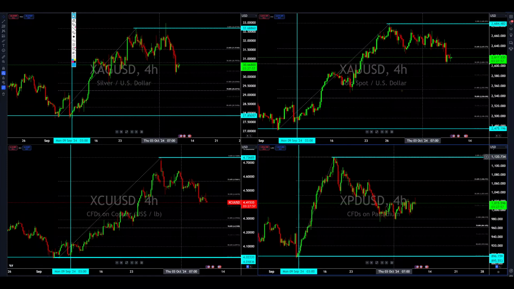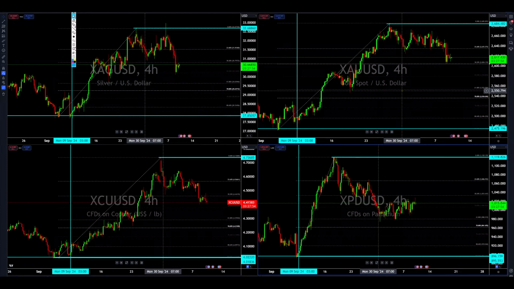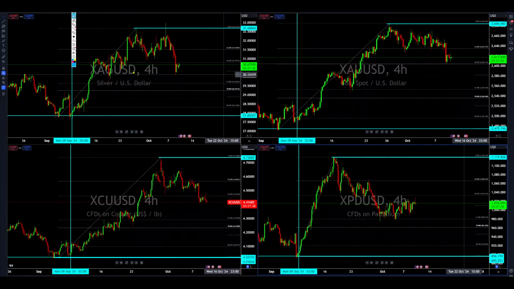So when you're buying gold, make sure you keep that in mind: you have strength on the dollar against the others, but the dollar is still weak against gold. Silver has fallen up to the 50% retracement of this previous move, but gold hasn't fallen up to 50%, still above that 50% retracement of this previous move.